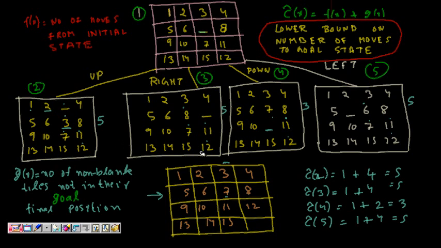We try to find at how many places we are different from the goal state. In this one, this is fine, 5 6 are fine, 1 is this one, 8 is also fine, 9 10 are fine, 7 is here, this is wrong. So 2 misplaced, 12 is there, 3, then 13 14 15 are fine, and this one. So 4 places are there at which we are different from the goal state.